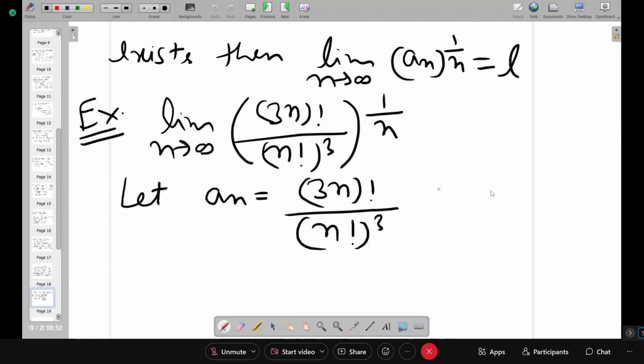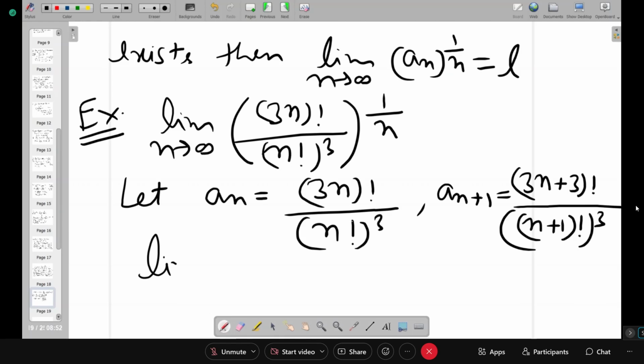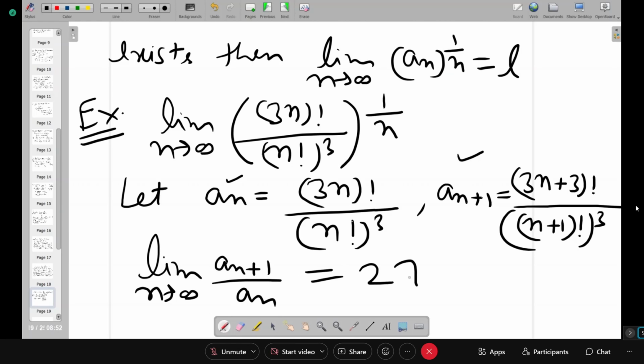So we can find out an plus 1. What is an plus 1? It is 3n plus 3 factorial upon n plus 1 factorial to the power 3. Now you can find the limit as n tending to infinity of an plus 1 upon an. You can calculate this limit; it will come 27, you can try.